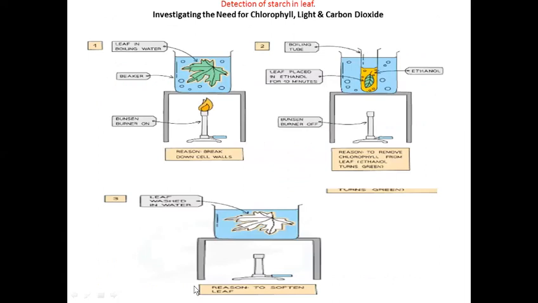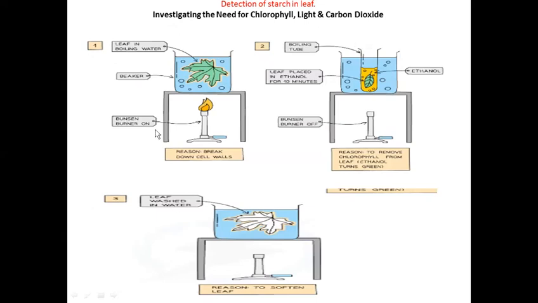Now here you see there are some experiments, because we are studying here not only paper 2 and 4, but also paper 6. Okay, so some experimental questions are also given in paper 6. Even some questions are given in paper 4. Okay, these are the investigating questions. So see, investigation, showing the need for chlorophyll, light, and CO2, carbon dioxide gas.